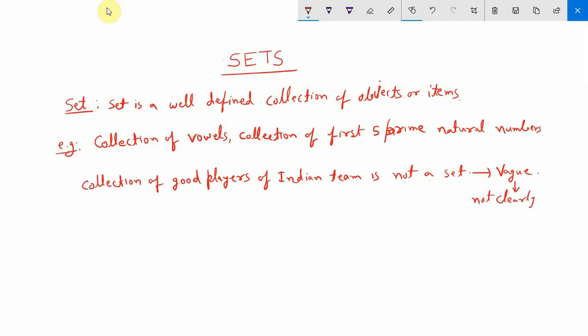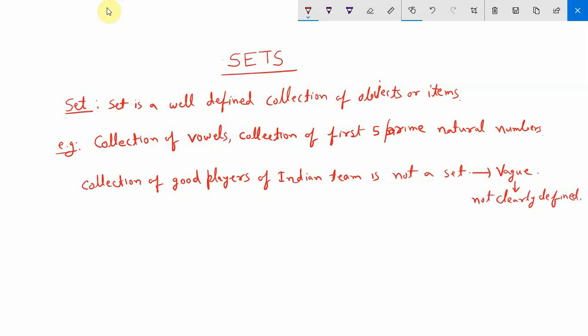Someone may say about a player that he is a good player, and in another person's view he may not be a good player, so it is not a set.